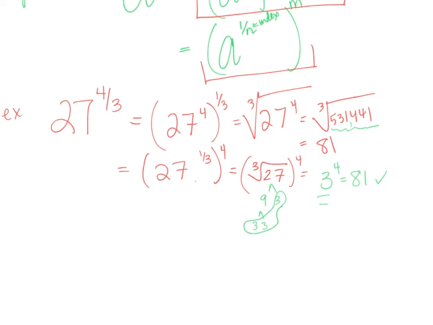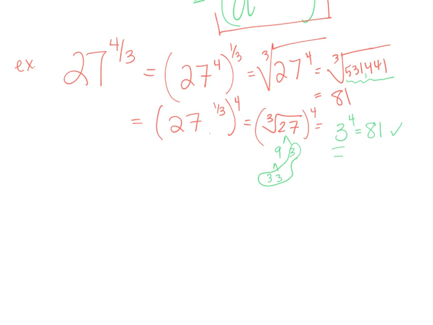All of this was really necessary when we were looking at our basic function, f of x equals 2 to the x power, because we said our domain for this would be negative infinity to infinity.